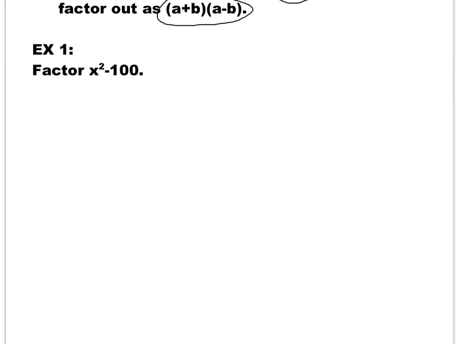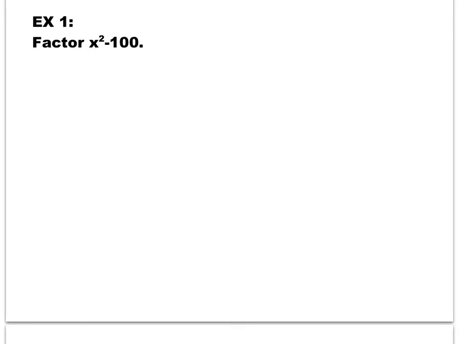For the first example, let's say we have x squared minus 100, and we're supposed to factor this one out. I can write this one as x squared plus 0x minus 100. 0x is just 0, so I can add or subtract 0 from anything. Now, if you look at this one, first of all, there is no common factor.